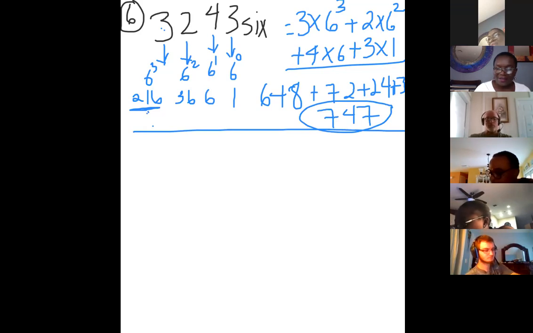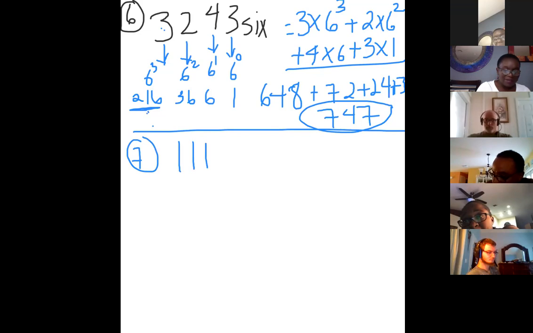Any questions? All right, here's the next one, number 7. It is 110 base 2. Now we have a number in base 2. We have to convert it to a base 10 number. Again, very similar to the previous problem, count out the place values, guys.